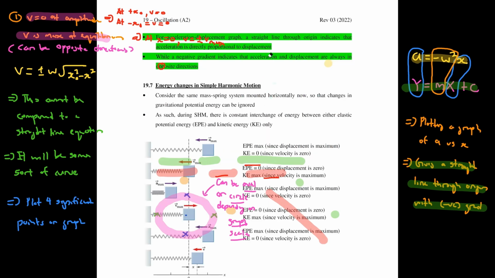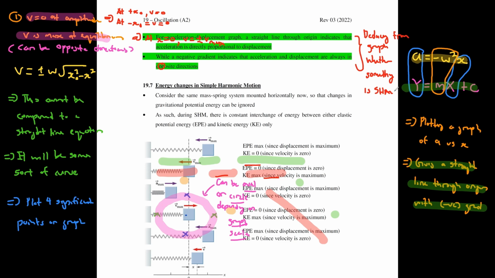Okay. Now, sometimes you may be asked to deduce from a given graph whether something is following simple harmonic motion. The statements that you're seeing here are actually talking about that. This one is deducing from a graph whether something is simple harmonic motion.